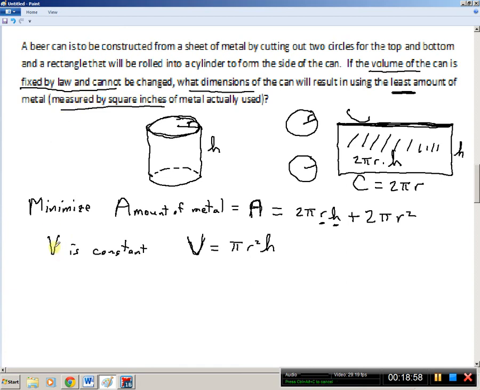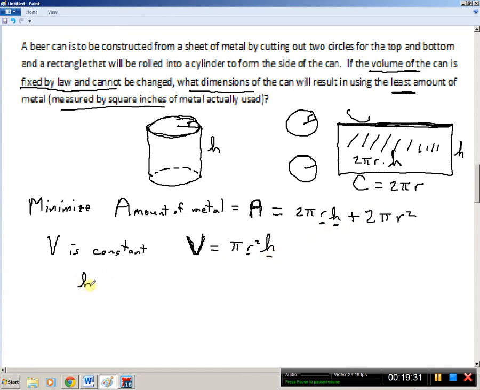For me, I would rather just use the letter rather than having numbers muck up the problem, because it's so much easier to carry this letter than it is to write 128, or whatever it is, especially if it's got decimal places. Okay, but this is an equation now that relates my variables r and h. So what I can do is solve for one of the variables and stuff it back in here. And it seems to me like it's pretty easy to solve for h, so that's what I'm going to do.